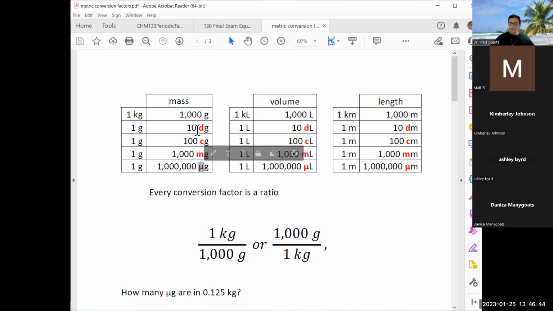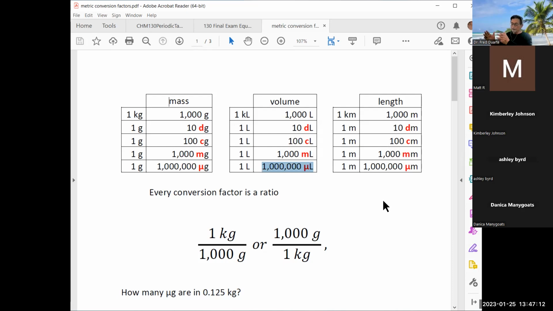Now, if we take those same prefixes, the deci, the centi, the milli, and the micro, we can apply it not only for mass, move it over to volume and do the same thing. So we have 10 deciliters in 1 liter, 100 centiliters in 1 liter, 1,000 milliliters in 1 liter, and 1 million microliters in 1 liter.